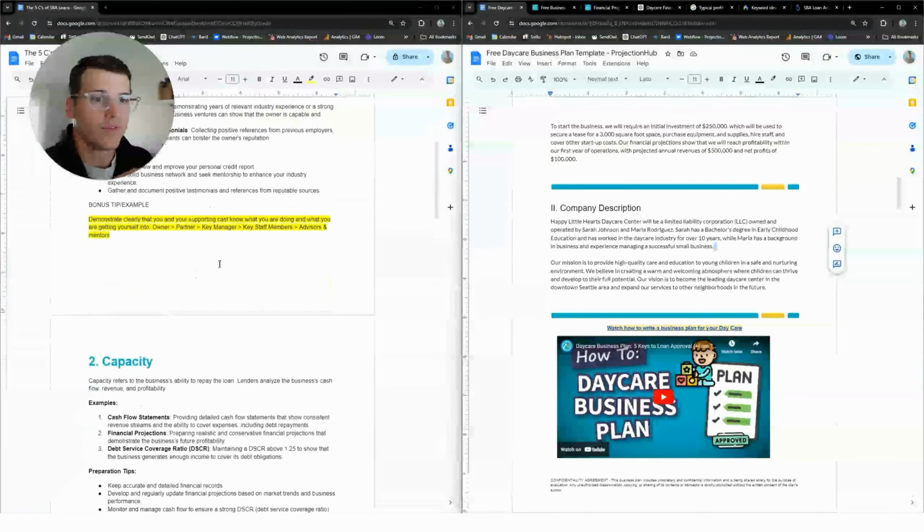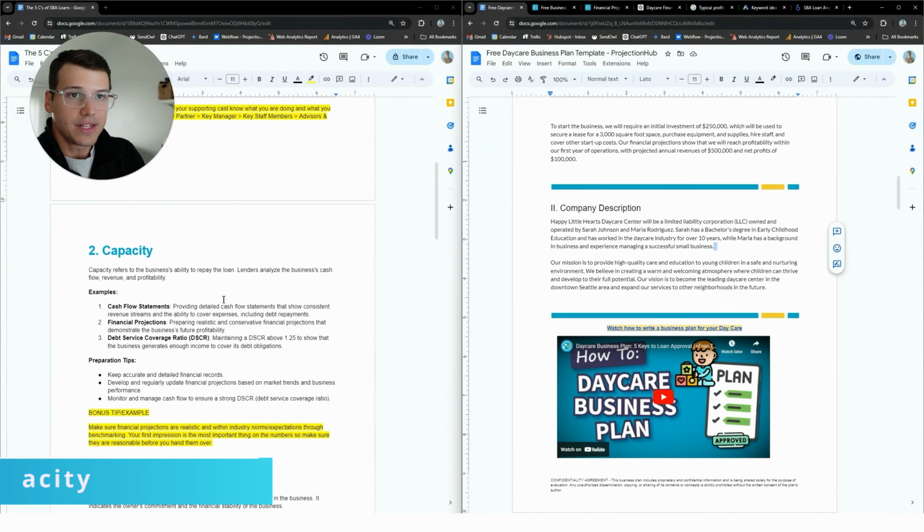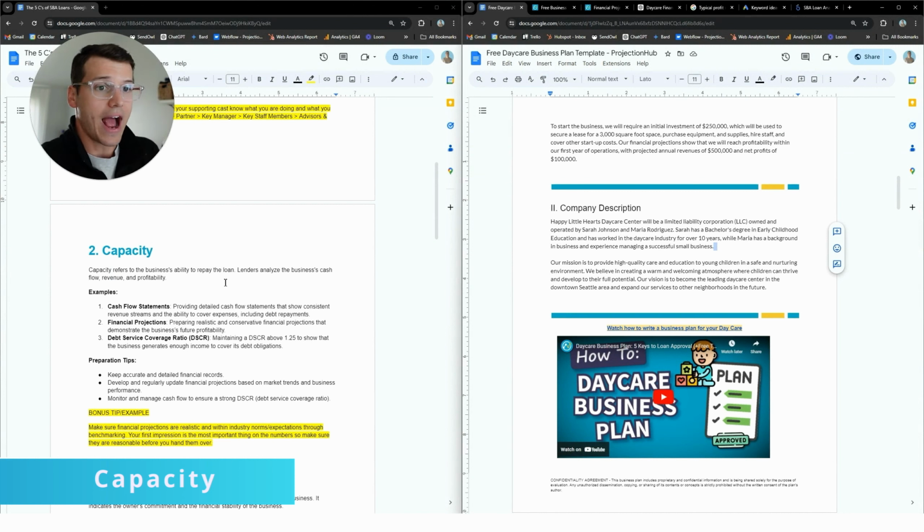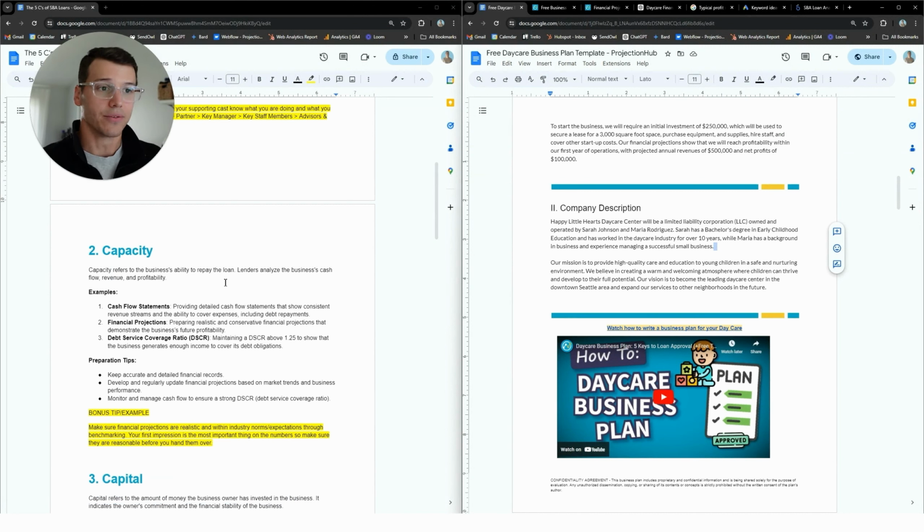All right, let's keep moving along here. Now we have capacity. So we're referring to the ability to actually, can the business actually pay for the loan? And so this is where the lender's really going to dig into all of the financial details that you're providing, the financial projections. You'll see here a debt service coverage ratio.